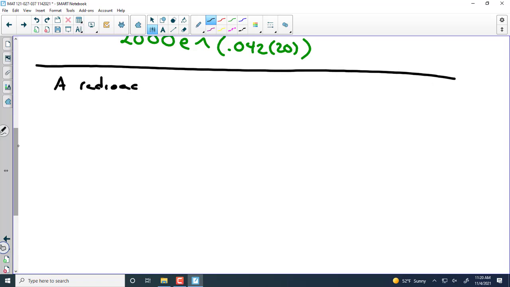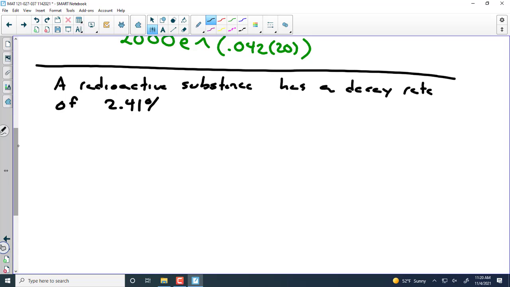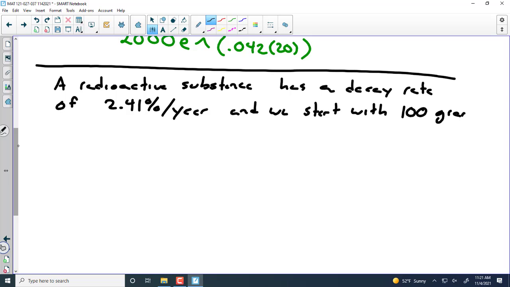A radioactive substance has a decay rate of 2.41% per year. And we start with 100 grams.